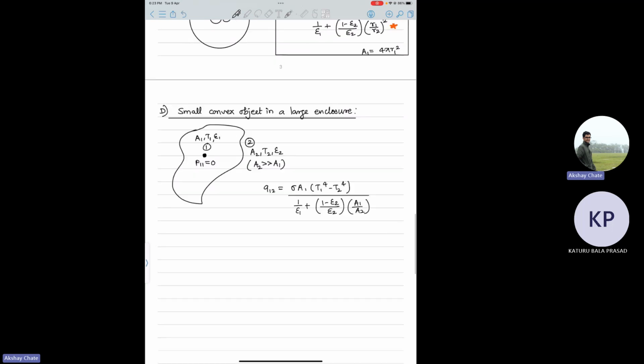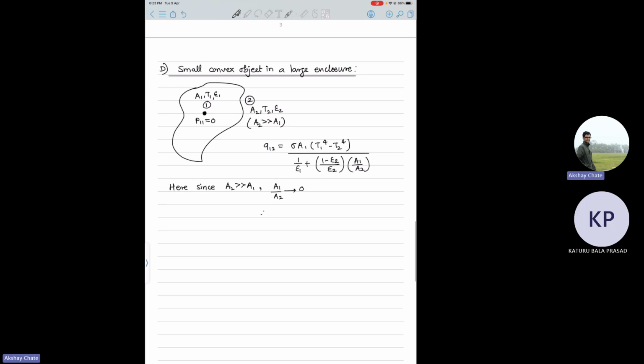Since A2 is much larger than A1, A1 by A2 is a very small value and we consider it to be approaching 0. Therefore your Q12 is essentially sigma epsilon 1 A1 into T1 power 4 minus T2 power 4.